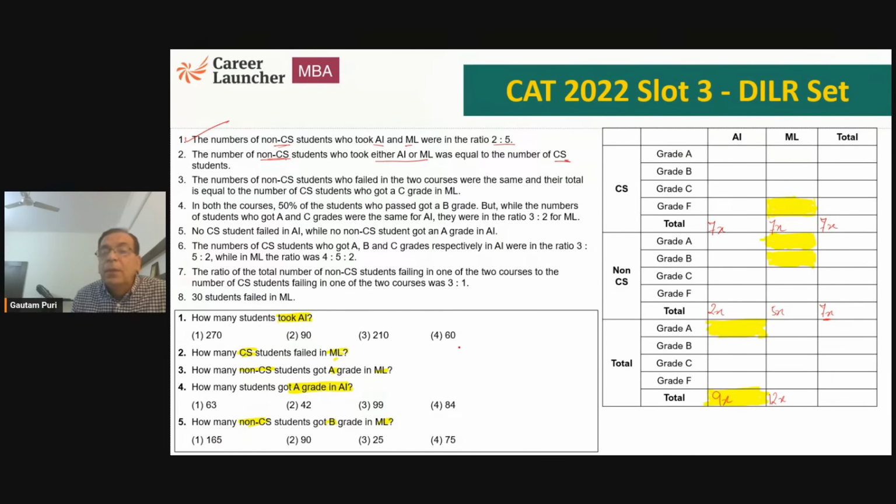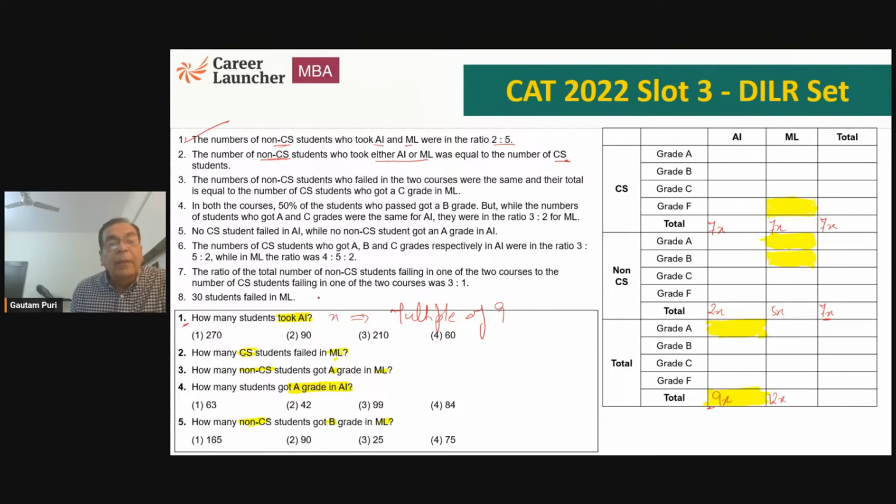Perfectly fine, I hope. Now, please remember, we needed to find this. What is this? Total number of students who took AI, which is statement number 1. What does this tell us? The total number of students who took AI is 9x. Does it not mean it has to be a multiple of 9? That means the number of students has to be a multiple of 9.